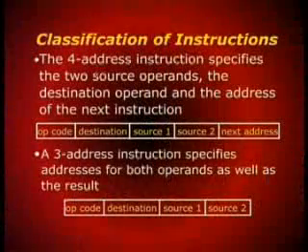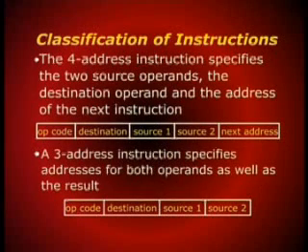Therefore, if we do away with this information, we are left with a 3 address instruction. So the structure of the 3 address instruction would be opcode followed by destination address and the two addresses of the operands, that is operand 1 and operand 2.